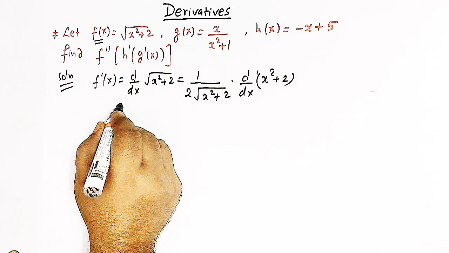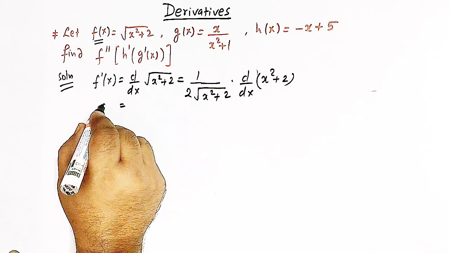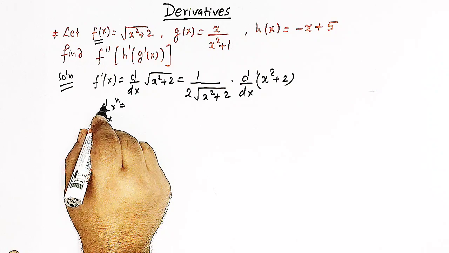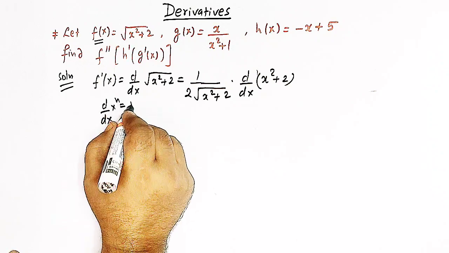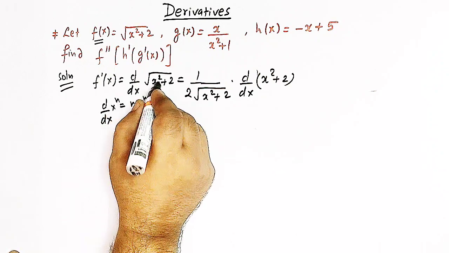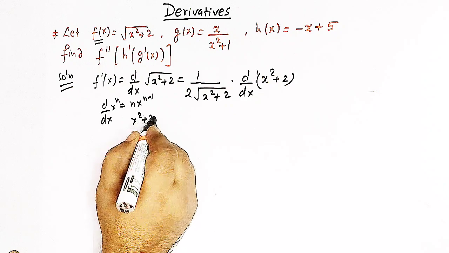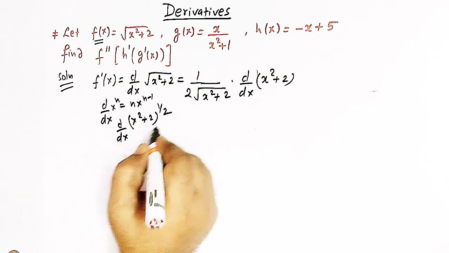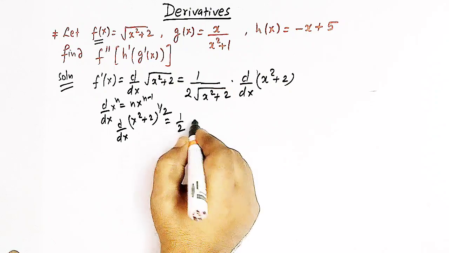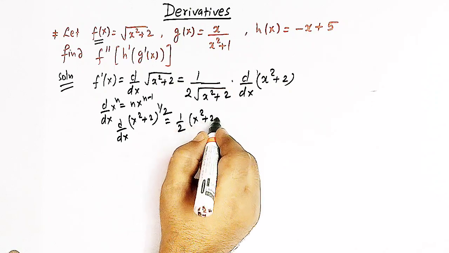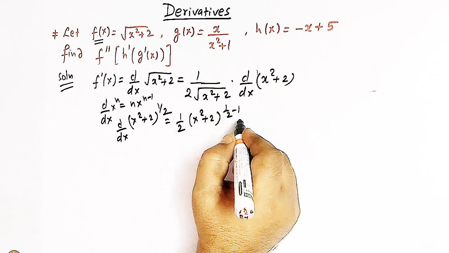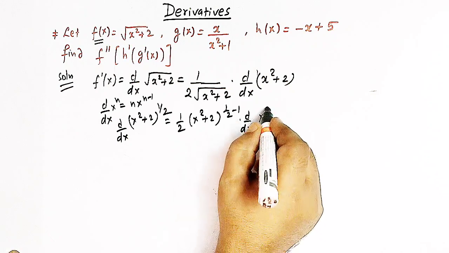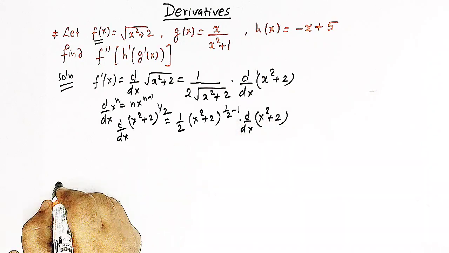So first we have applied the power rule, that is d by dx of x raised to n is n x raised to n minus 1. So we have x square plus 2 raised to half, and first we have taken half, then x square plus 2 raised to half minus 1, and then by chain rule we'll find the derivative of x square plus 2.